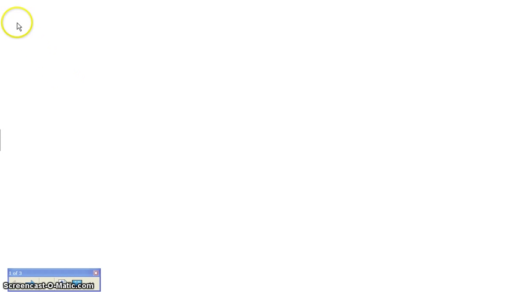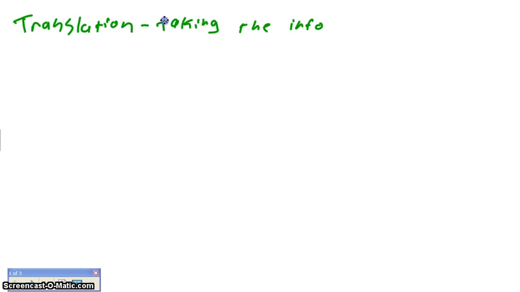So let's go ahead and write down a definition of translation. So translation is taking the information in RNA and using that to make proteins. Taking the information in RNA and making proteins.